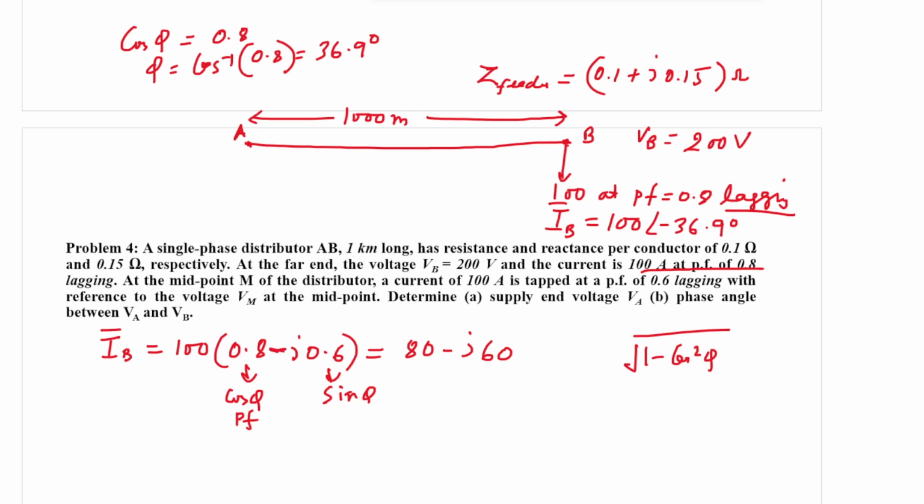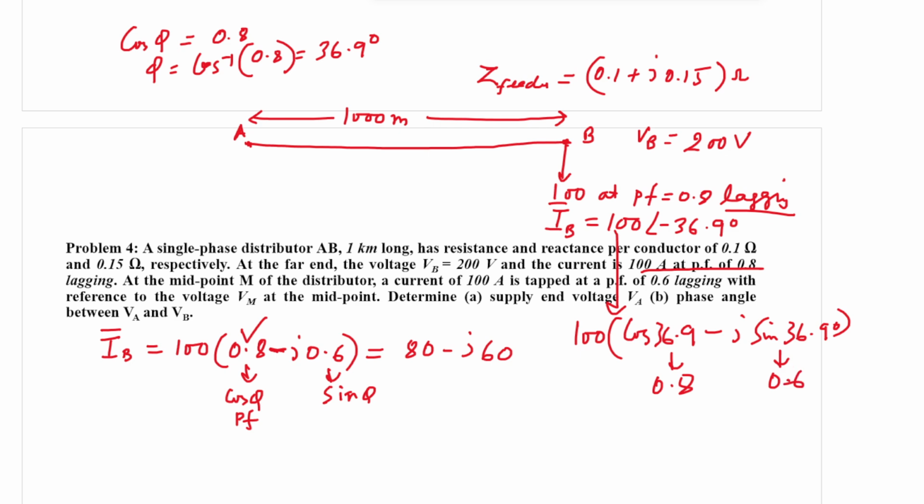Where is this coming from? The answer is this expression: 100 (cos 36.9 minus j sin 36.9). Cos 36.9 is 0.8 and sin 36.9 is 0.6.